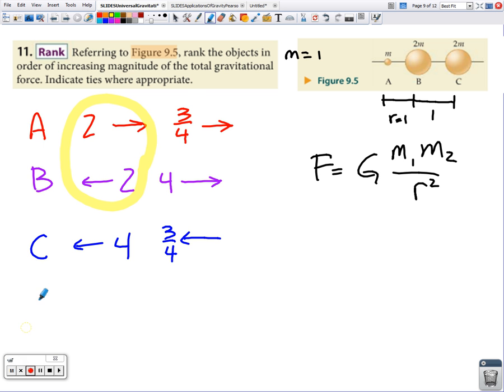Okay. This would be 2 over 4. Okay, 1/2, yes. But I want to do the 2 over 4 to make sure that we understand this. In this case, this is A, 1. This is C, 2. But the distance now is how far? Twice as far, but we have to square it. That's where the 2 over 4 comes from.